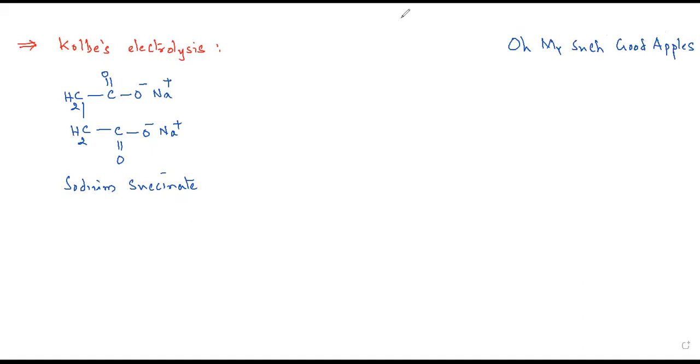Now look at this. These are the dicarboxylic acids. The general formula of the dicarboxylic acids can be given as this.